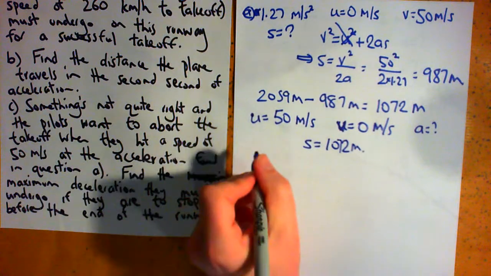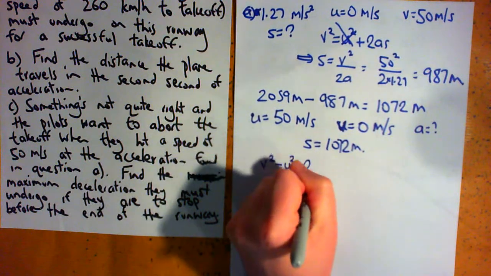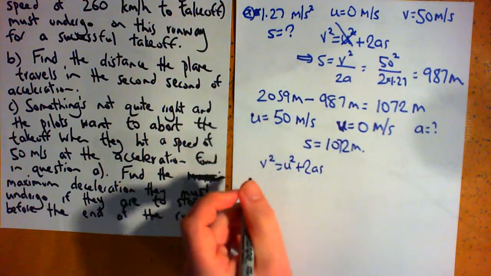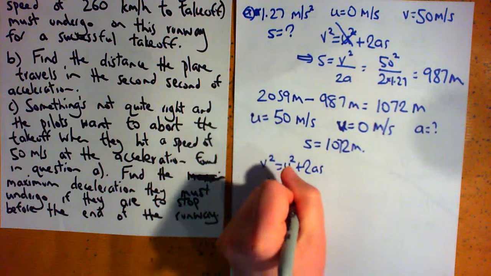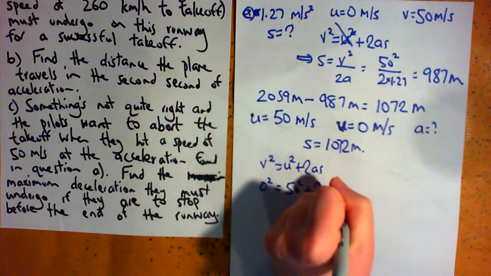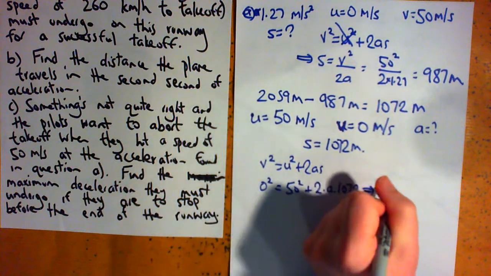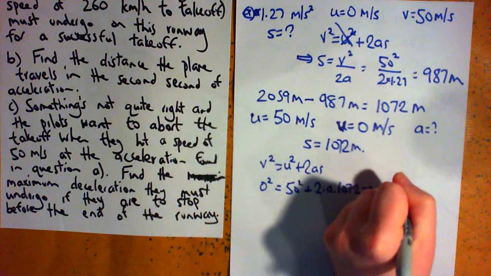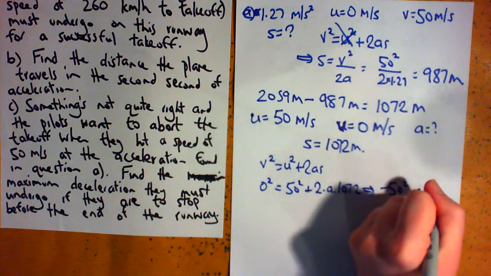1,072 metres. So again, it's a job for v squared equals u squared plus 2as, and if we put in what we have, we've got 0 squared equals 50 squared plus 2 times a multiplied by 1,072. If we move the 50 squared to the other side of the equation, we get minus 50 squared equals 2 times a times 1,072.